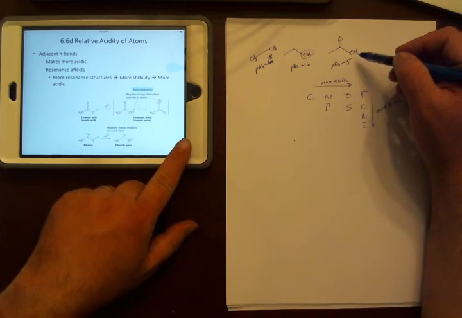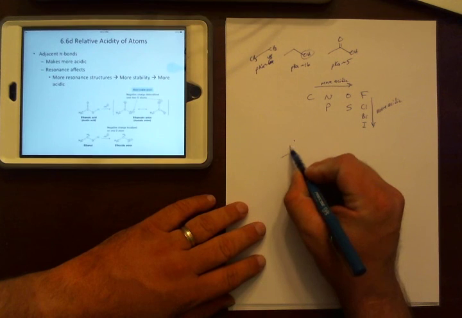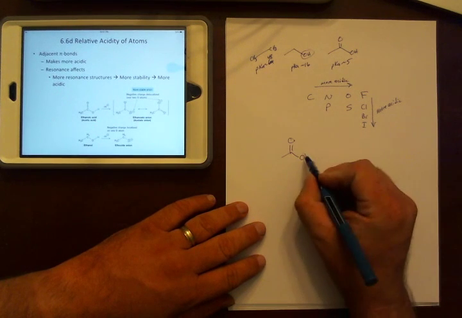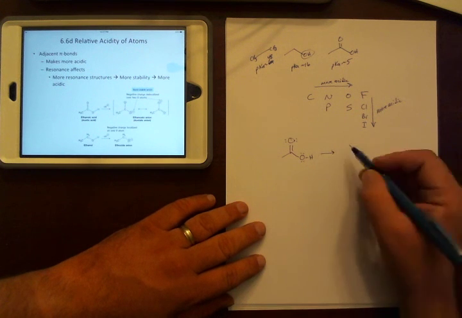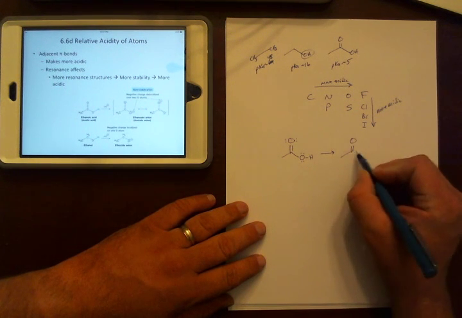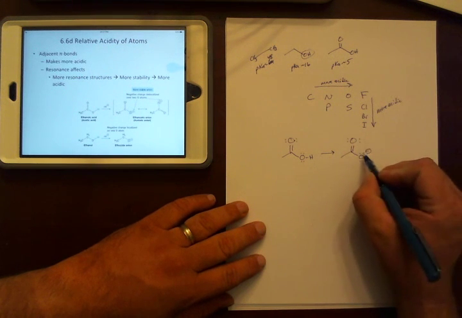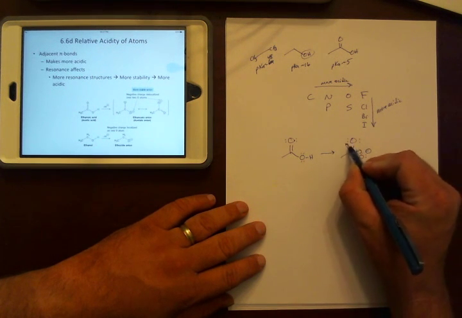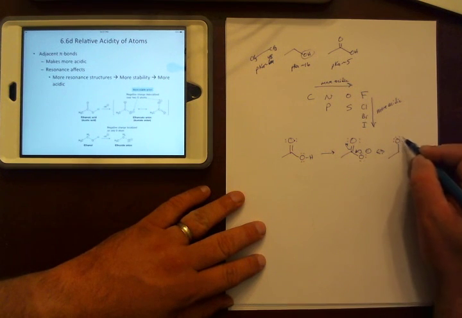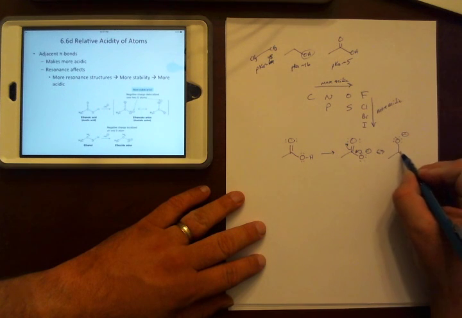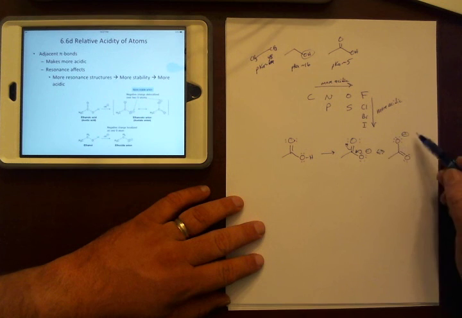The reason is that you can get a nice resonance structure. Take acetic acid: when the hydrogen gets removed, your conjugate base can form a resonance structure, and that allows another atom to bear the weight of this negative charge.